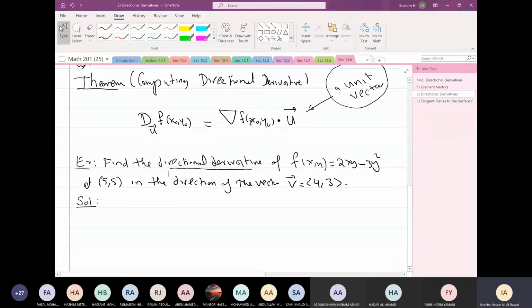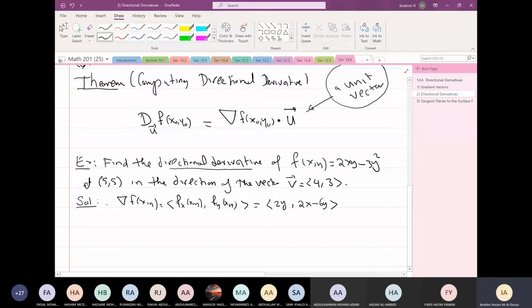To apply this formula, I need to compute the gradient first. So first, let me compute the gradient of f at (x,y). This is the vector (f sub x, f sub y). I know how to compute f sub x and f sub y. What is f sub x? F sub x will be 2y, and f sub y will be 2x minus 6y.